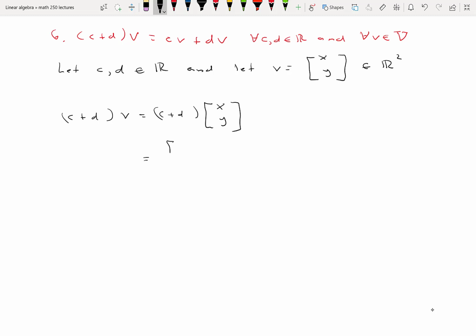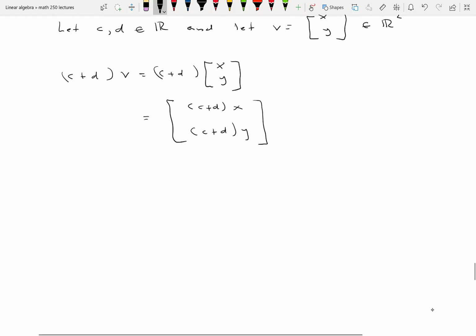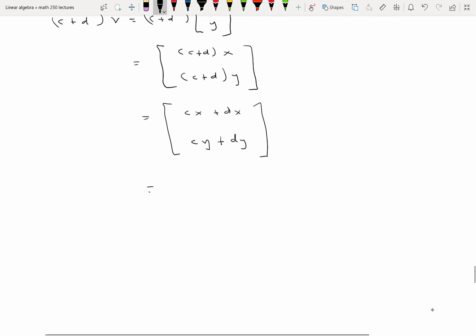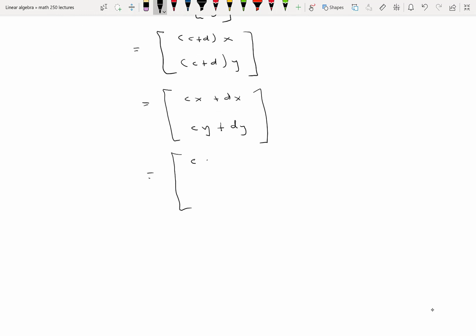This is equal to the column vector whose entries are C plus d x and C plus d y. Why is that true? That's our definition of scalar multiplication in our vector space. The entries of that column vector are real numbers. We have the distributive property for real numbers, so I'm going to distribute from the right into the left x and y into C plus d. I can tear this column vector apart into the sum of two column vectors.